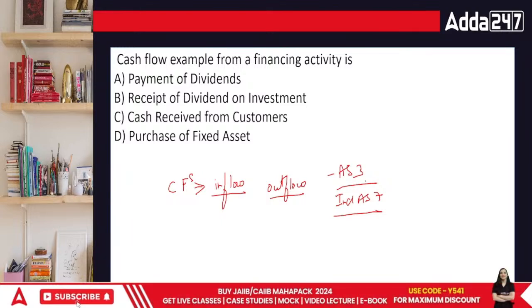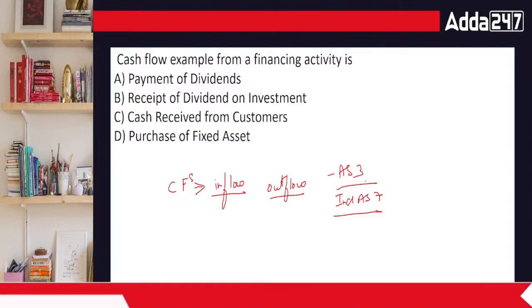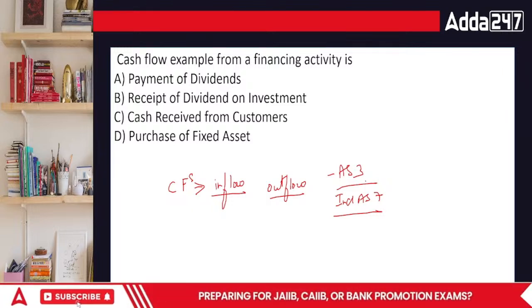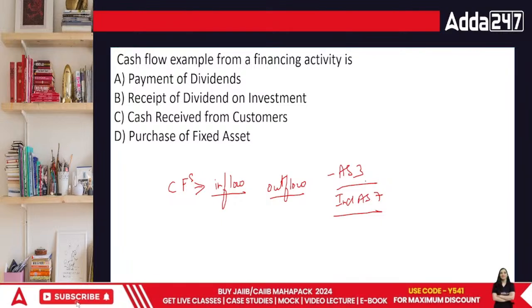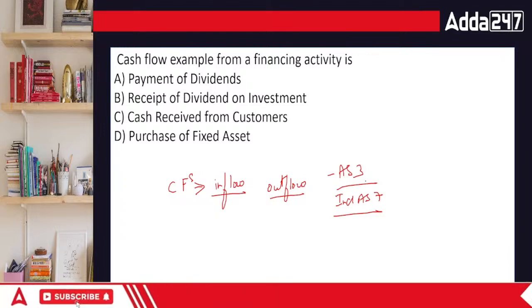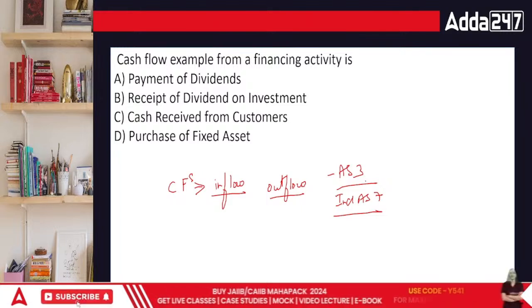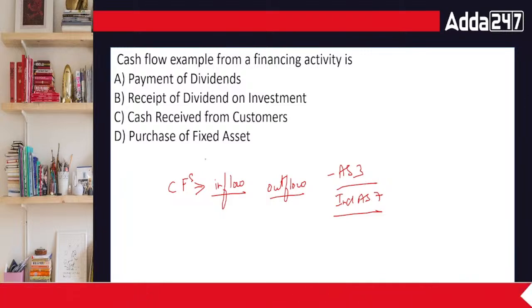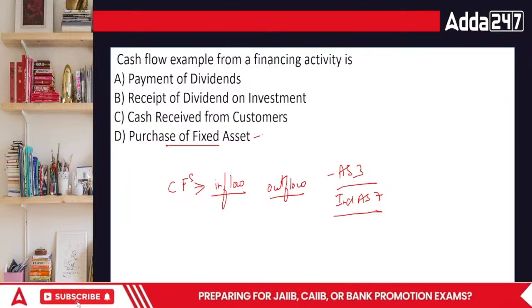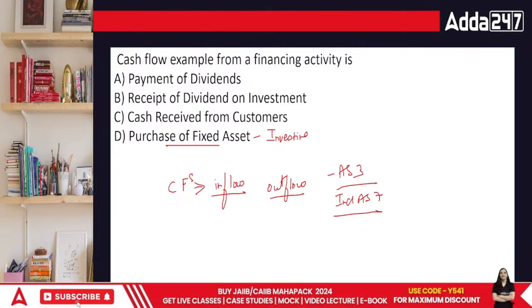Financing can be defined as something based upon arranging the funds for the business. Payment of dividends, or receipt of dividend on investment, or cash received from customers, and the last is purchase of fixed assets. Let's talk about each and every aspect. Purchase of fixed assets is basically investing. I would buy an investment so that I can see growth in the future.